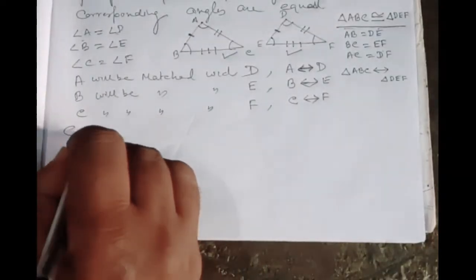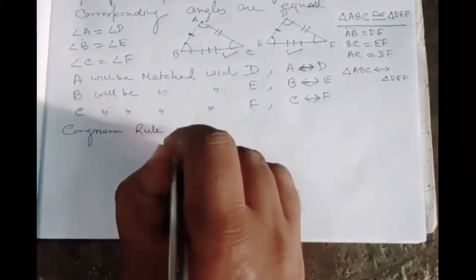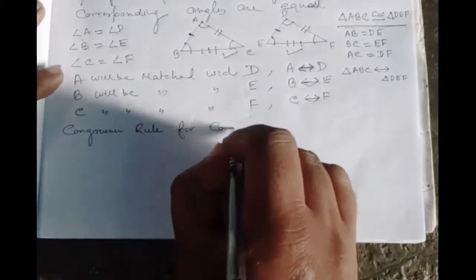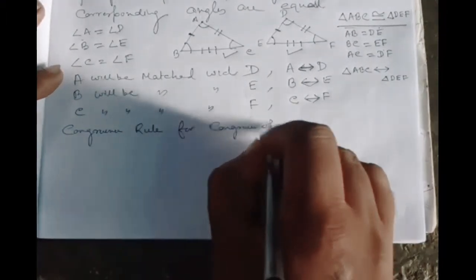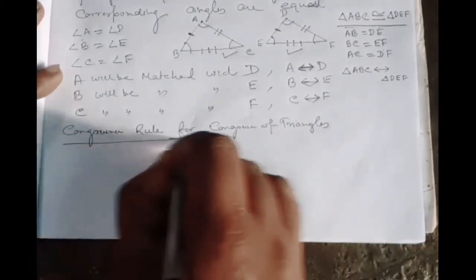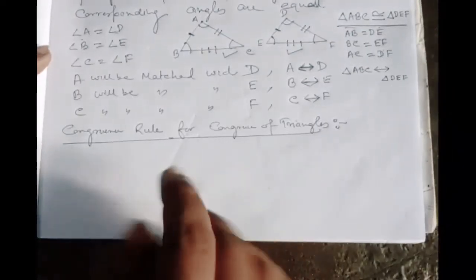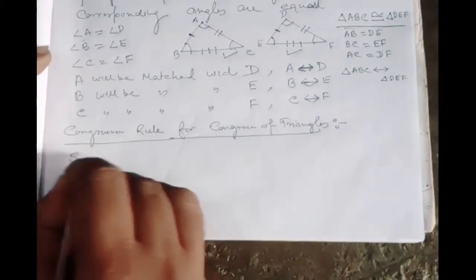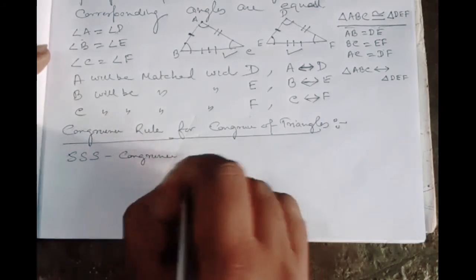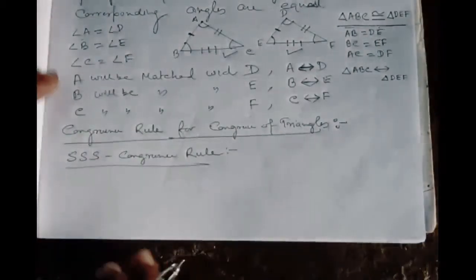So, congruence rules for congruence of triangles. Okay, first come to the SSS congruence rule. SSS congruence rule, that is the side congruence rule.